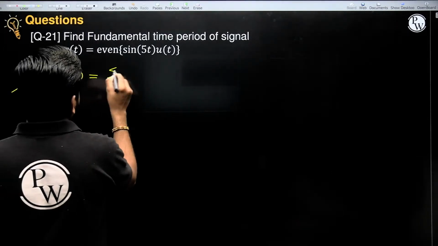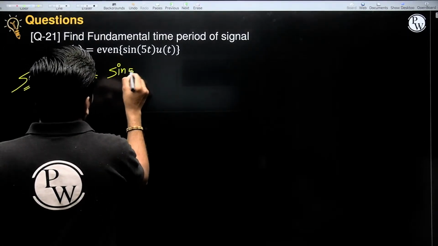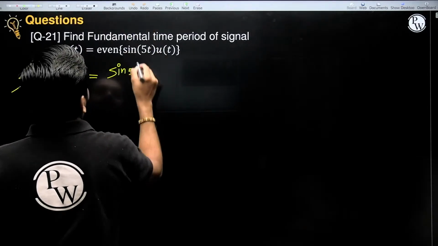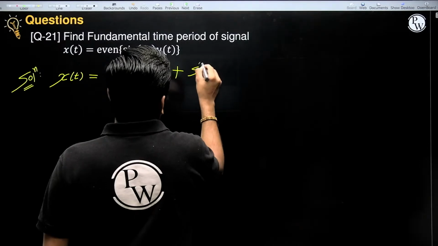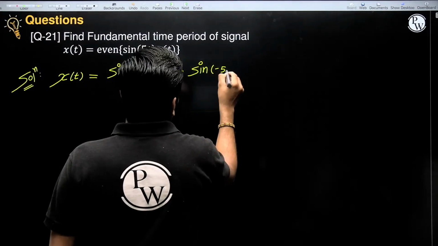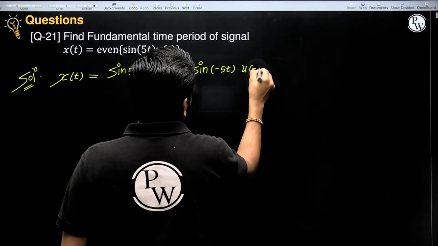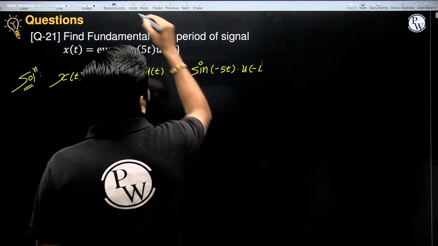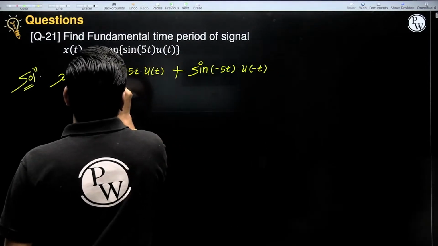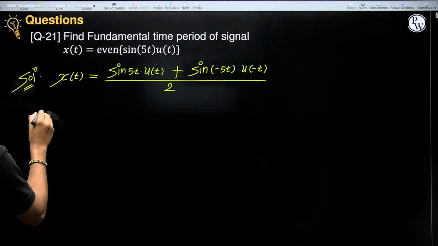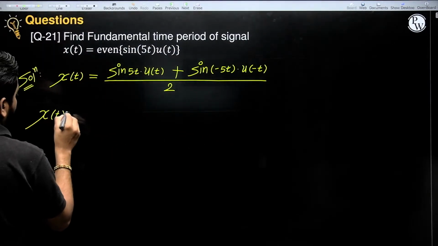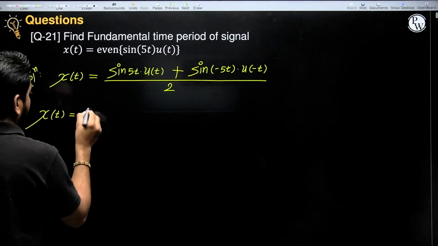The odd part of sine 5t u of t is sine 5t of t plus sine of minus 5t of minus t, whole divided by 2. Sine is an odd function, that's why the minus sign will come outside.